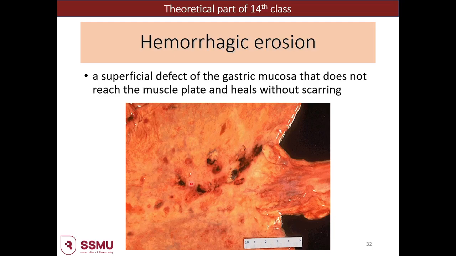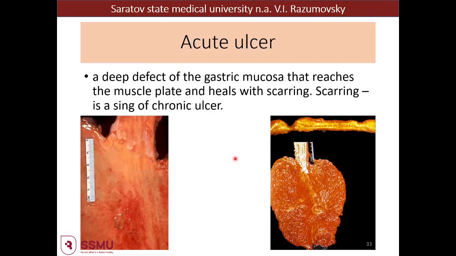But the most important from morphologic point of view is superficial defect, and it should heal without scarring, and it heals without scarring only because it damages only mucous and submucous membrane of the stomach.